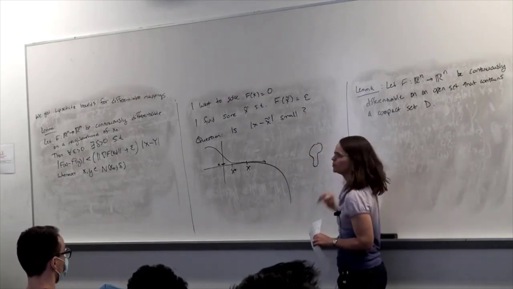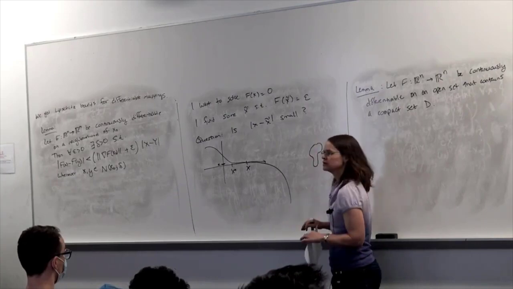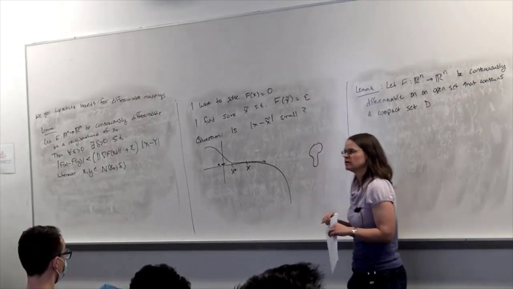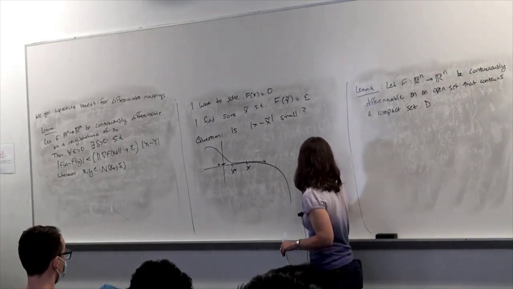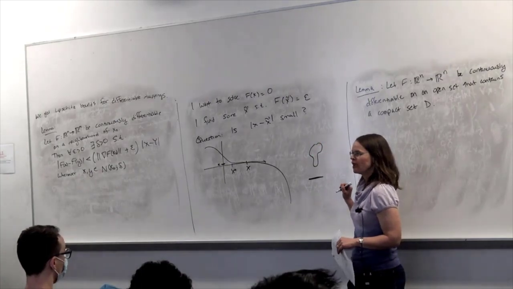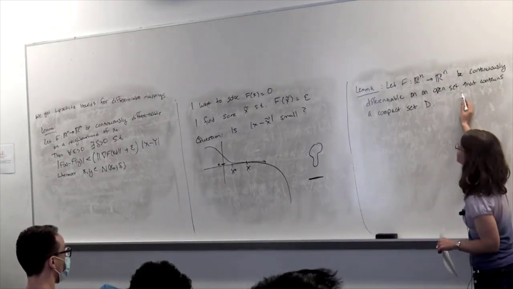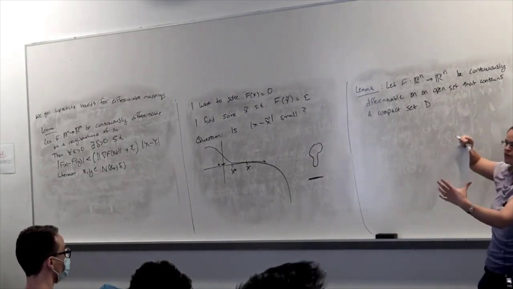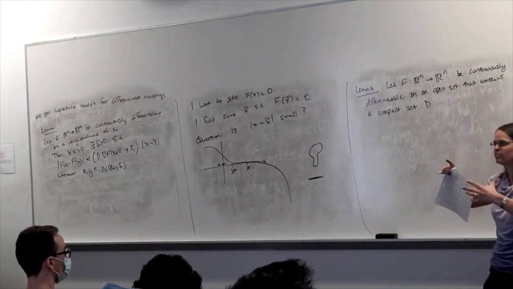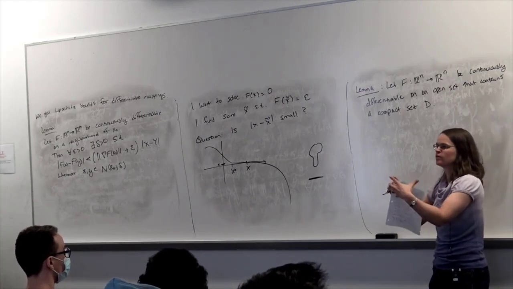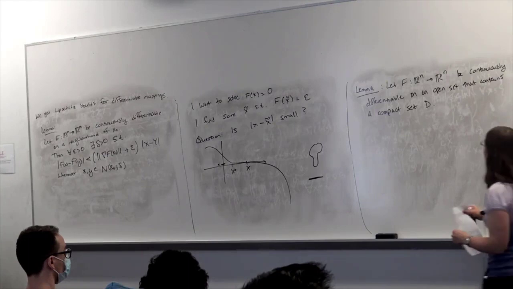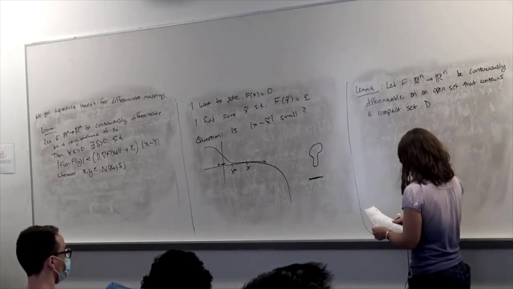I want to do things in this compact domain, and maybe this domain takes up space. So I'm not in 2D, but somehow my domain is only one-dimensional. And that's where this bit about an open set comes in. My function is continuously differentiable on some set that actually takes up volume in my space. And then I look inside there on some compact set, because anytime we want to maximize things, we need to be on compact sets. Okay, so we have some well-defined thing.